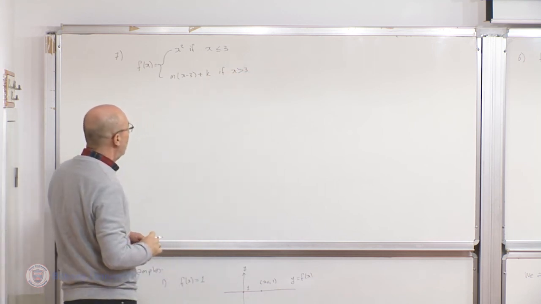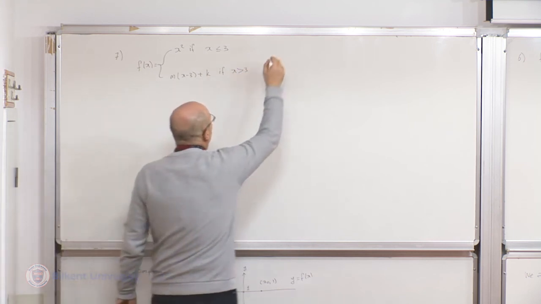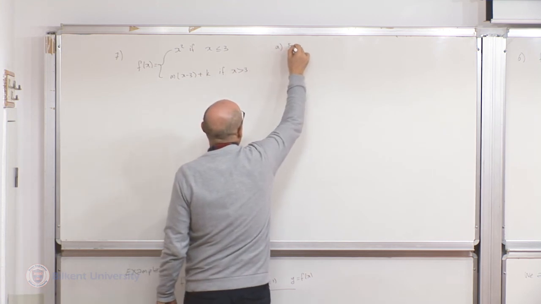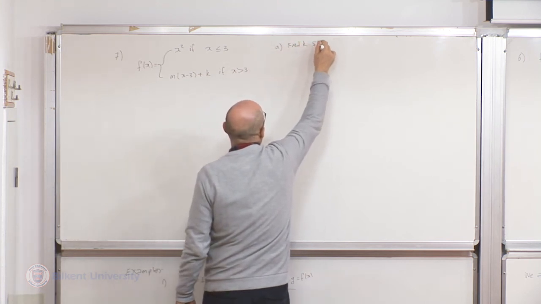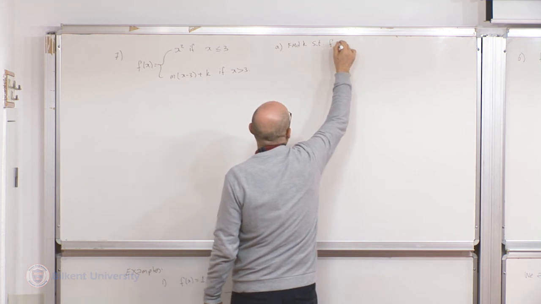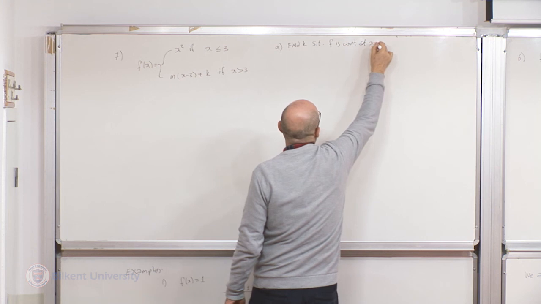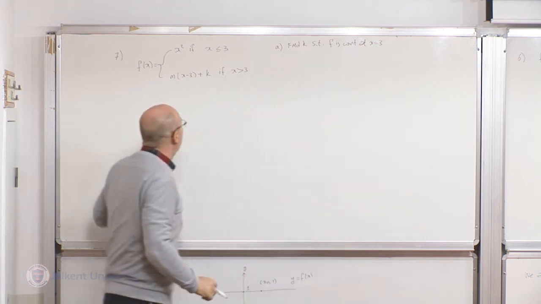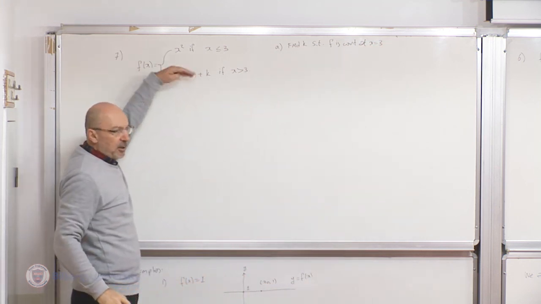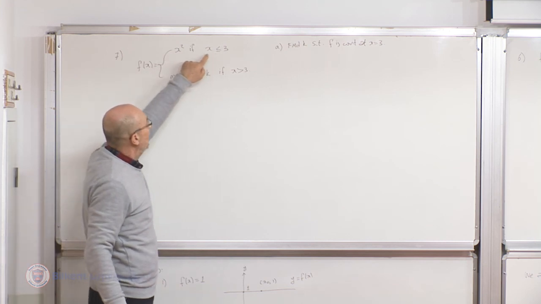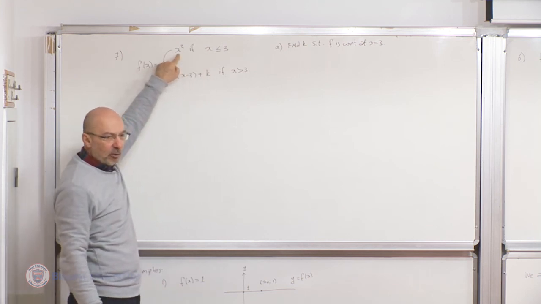Okay, so let's ask a few questions. So first, A, find k such that f is continuous at x equals 3. At any other point, if x is strictly less than 3, we have x squared, which is a polynomial.